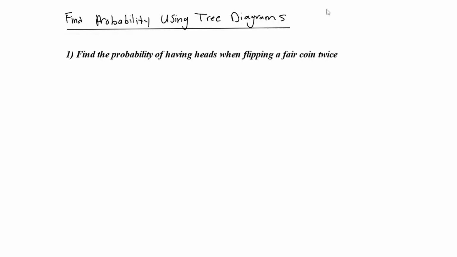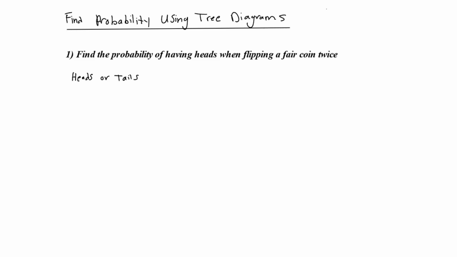Our first question states this: find the probability of having heads when flipping a fair coin twice. So what can we get if we were to flip a fair coin? We can either get heads or tails. Let's visualize this.